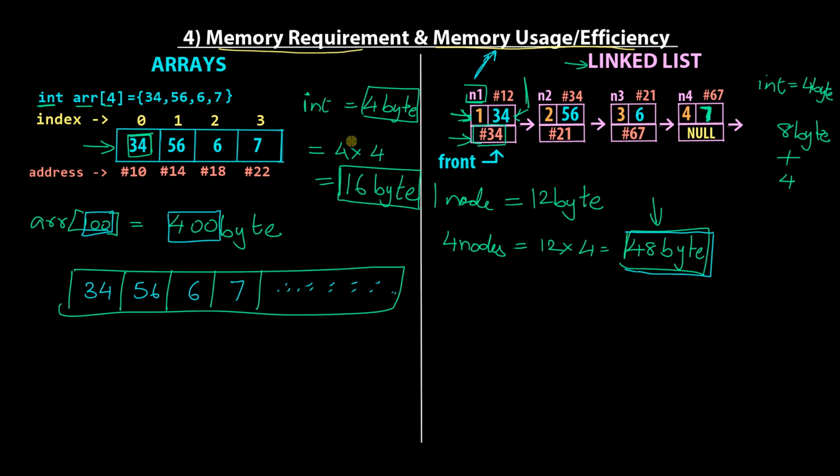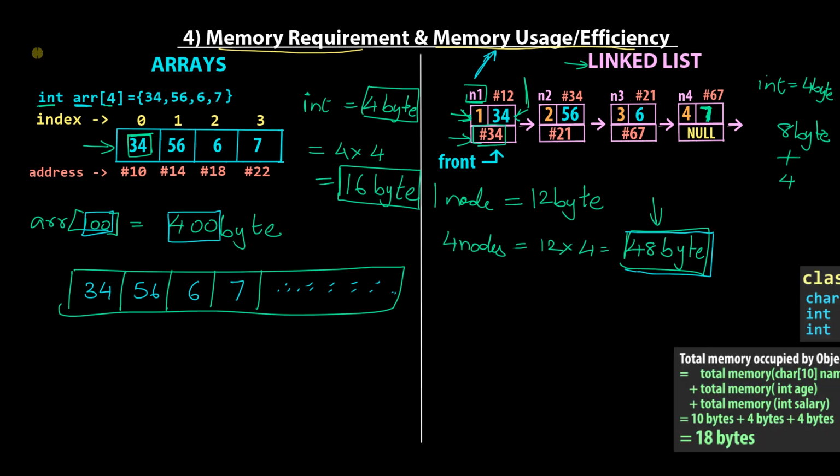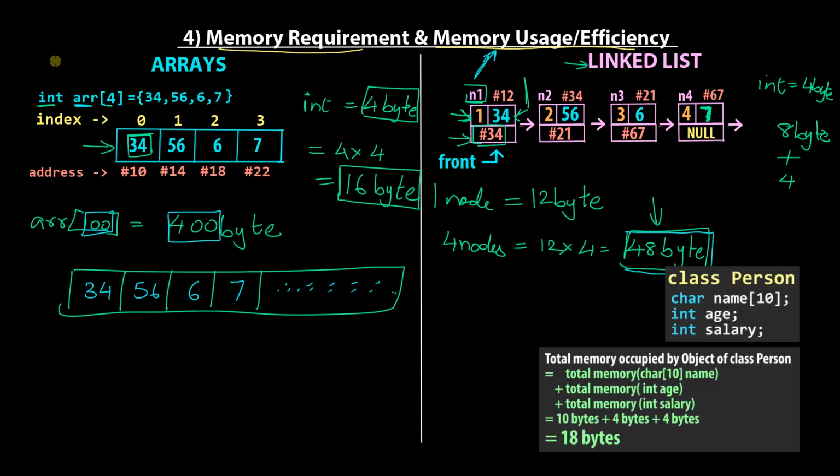Another use case: let's imagine that the array is not of integer data type. Let's say you are creating a class. I'll show the class on the screen. Let's say you are creating a person class. It has name, which is a character array of size 10. It has age, which is an integer type, and it has salary, let's also assume integer type.